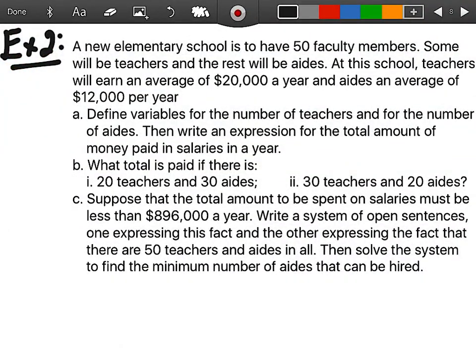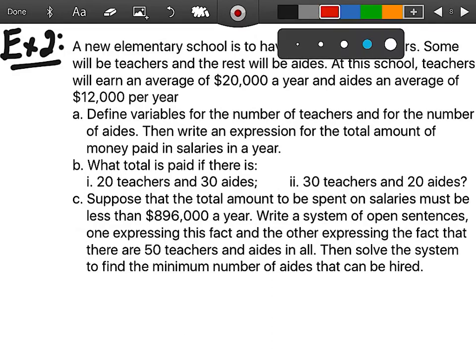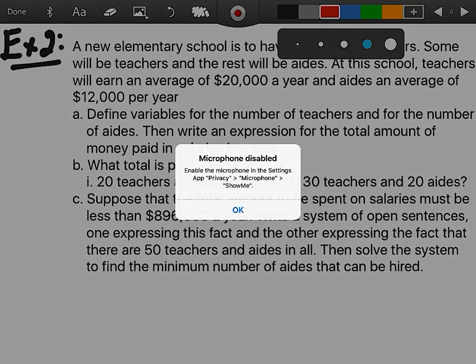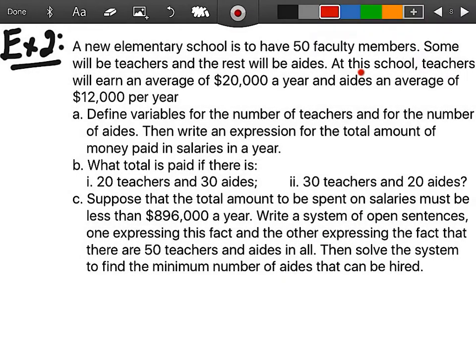So let's look at a real world situation. Example 2 says a new elementary school is to have 50 faculty members. Some of these will be teachers, and some are aides.